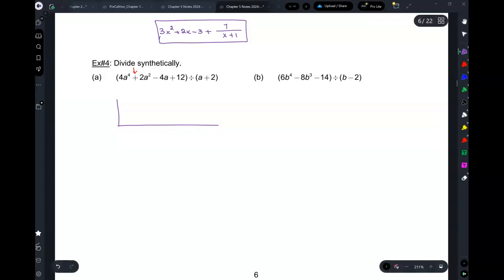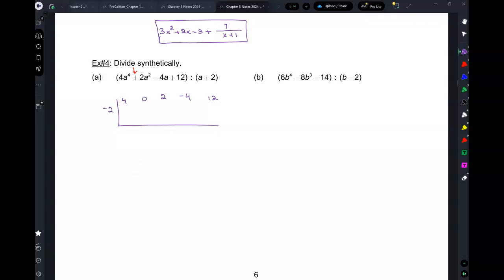So when I'm putting my coefficients, it's 4, 0, 2, negative 4, 12. If you forget that, your answer will be wrong. And if it's a 4-point problem, you get 3 points off. Because you literally did a different problem. You didn't even do the problem I told you. Right?